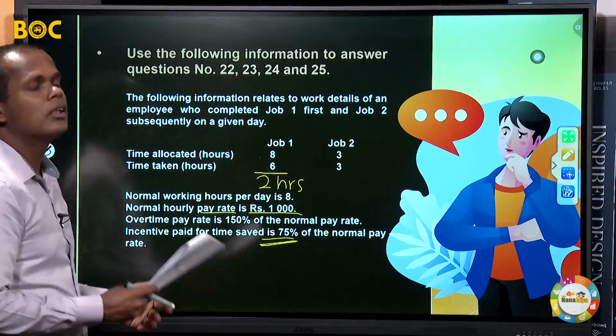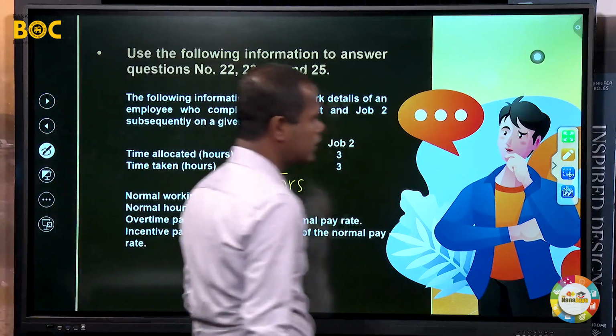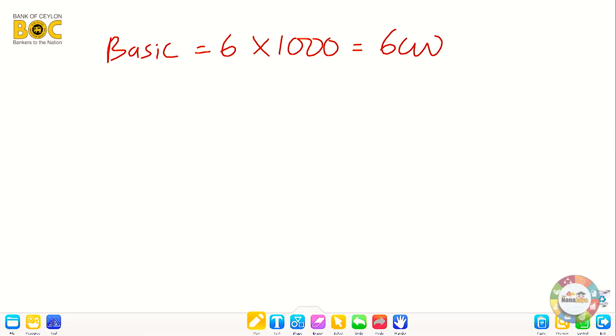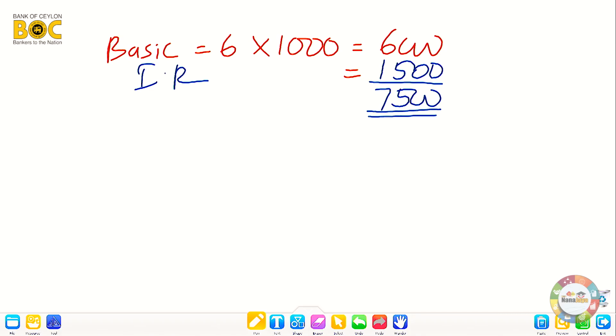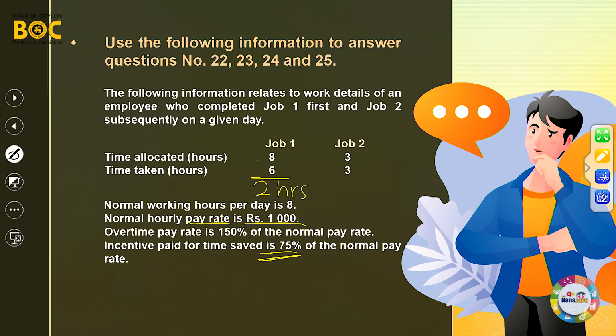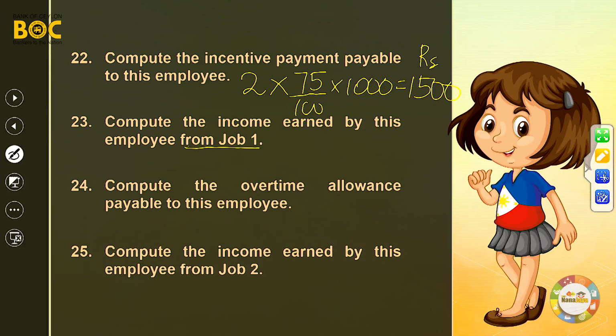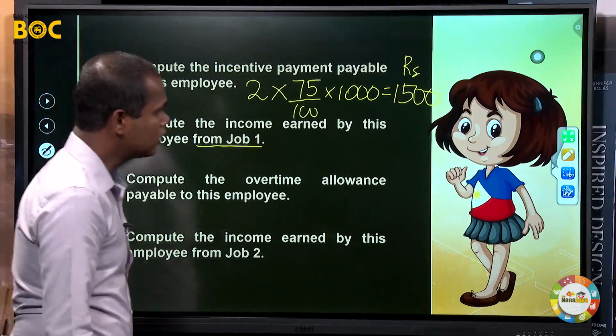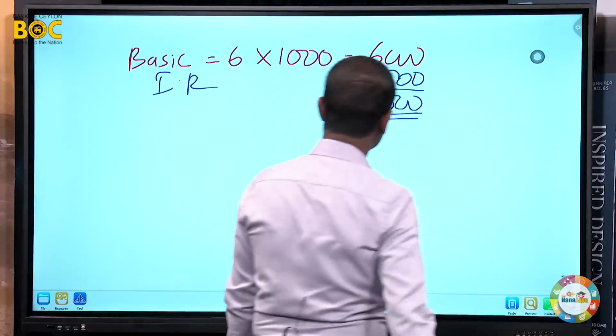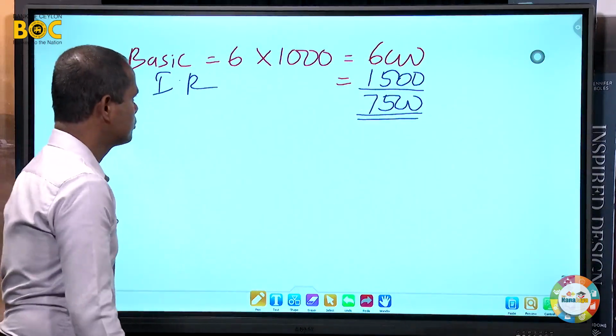The incentive payment we calculated is 1500.